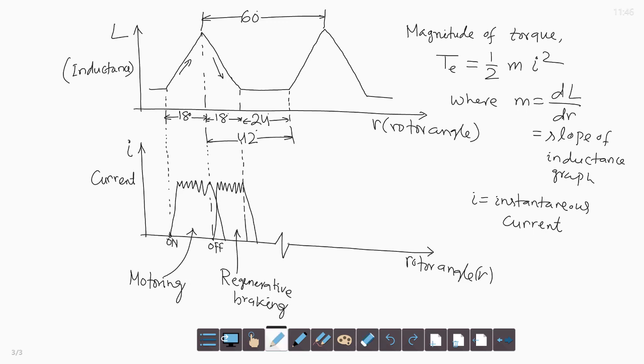Let us take a break here and see what happens if the speed is high.